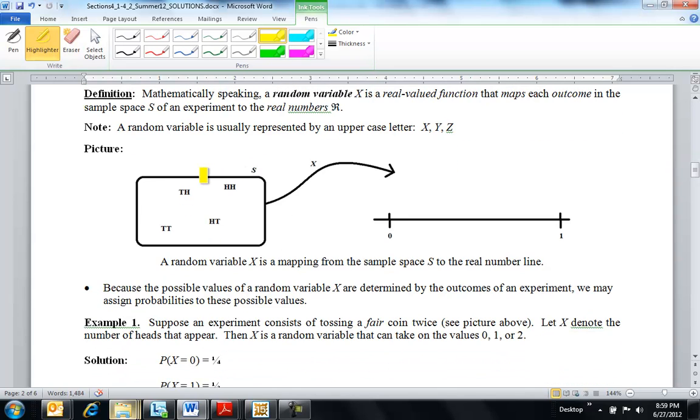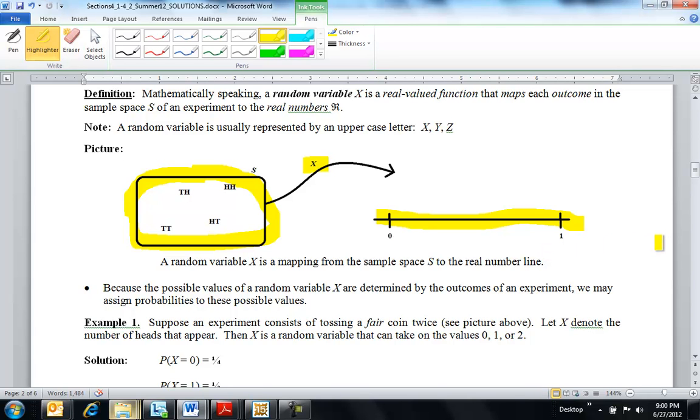Here's a picture of the situation. Flip a coin twice. Here's your sample space you remember from earlier, and here are the outcomes that could happen. X is some quantity you want to put on that sample space, so I'm calling it the number of heads. I map that sample space to the real number line. This is a mistake: it should go through all real numbers, but I just have 0 and 1, and I don't have the 2 out here. When I count the number of heads on 2 tosses, it could be 0, 1, or 2.